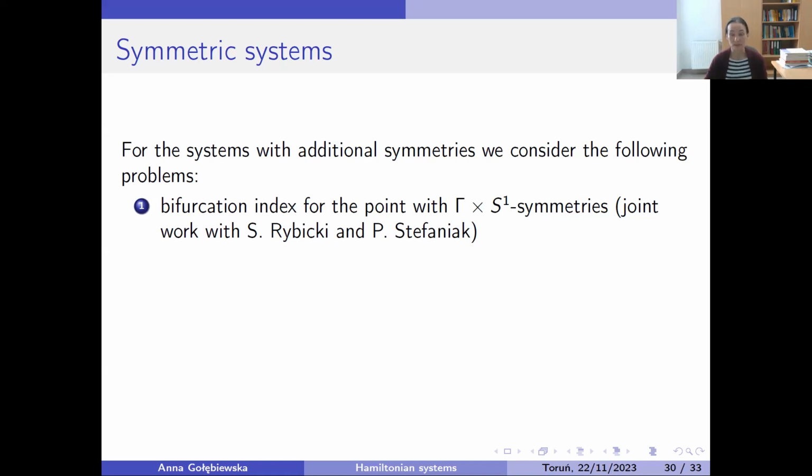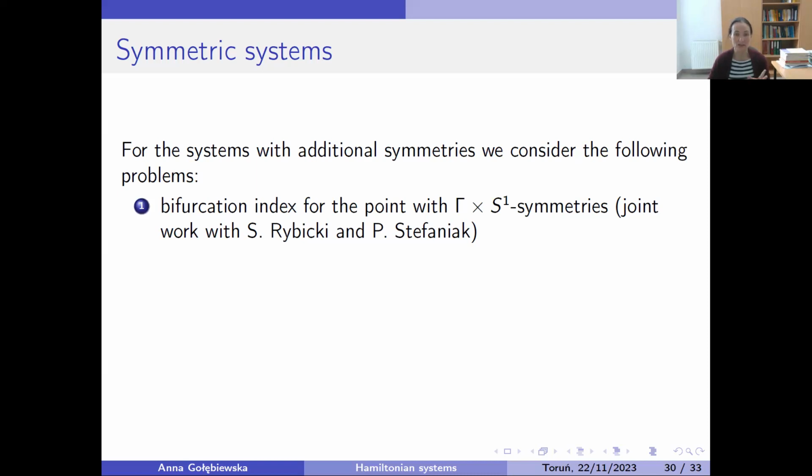We consider Hamiltonian systems coming from celestial mechanics, some generalized Henon-Heiles systems and other systems with symmetric potentials. So assume the system has symmetric potentials with some gamma symmetry. In fact, we now concentrate on S1 symmetry. So we have S1 symmetry in the domain and S1 symmetry because of the periodicity of solutions. It gives us the torus symmetry of the system.